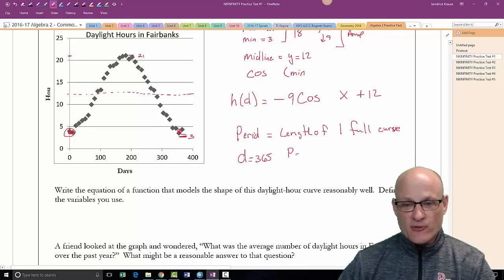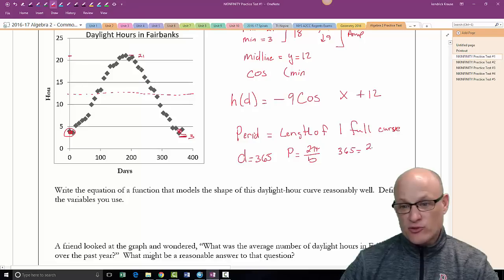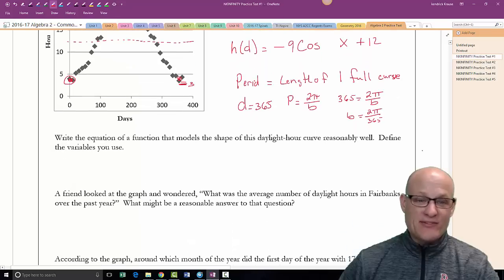Well, period also has a formula, 2 pi over b. Well, I know my period is 365. So 365 is equal to 2 pi over b. If I cross multiply, I end up getting b equals 2 pi over 365. I now have all of the pieces.